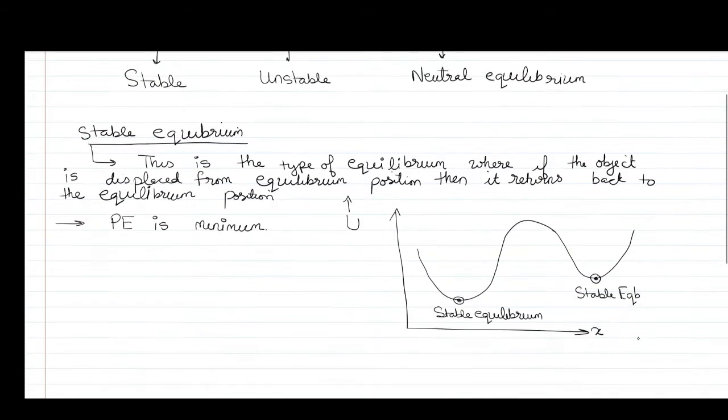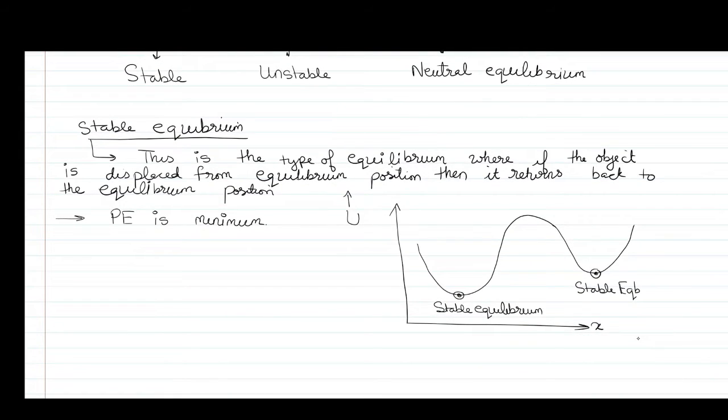Now at the stable equilibrium position, if we draw a tangent, then this tangent will be parallel to x-axis. So it means that at stable equilibrium position, du upon dx is equal to 0. Just before the equilibrium position, slope will be negative.